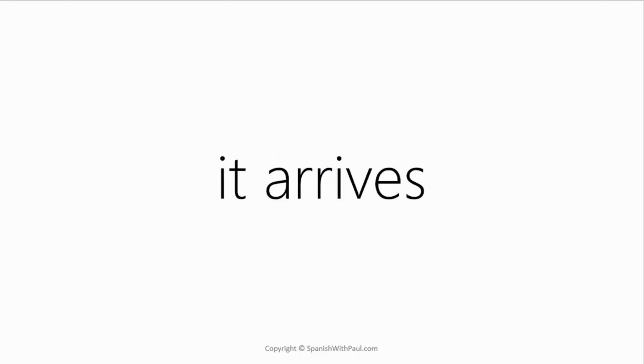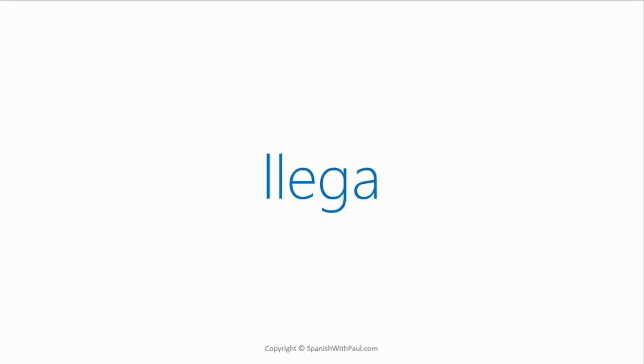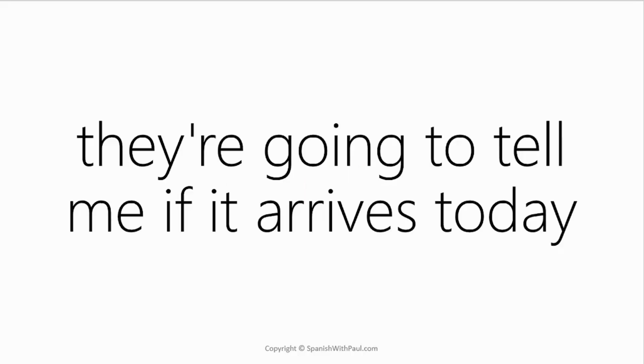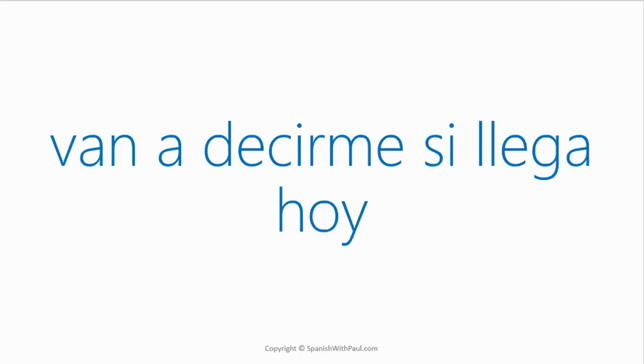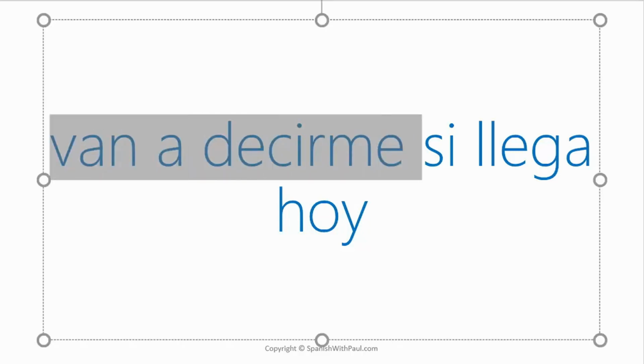How would you say it arrives? Llega. Now try this. They're going to tell me if it arrives today. Van a decirme si llega hoy. So, they're going to tell me, modal verb structure. Van a decirme. If it arrives, si llega hoy.